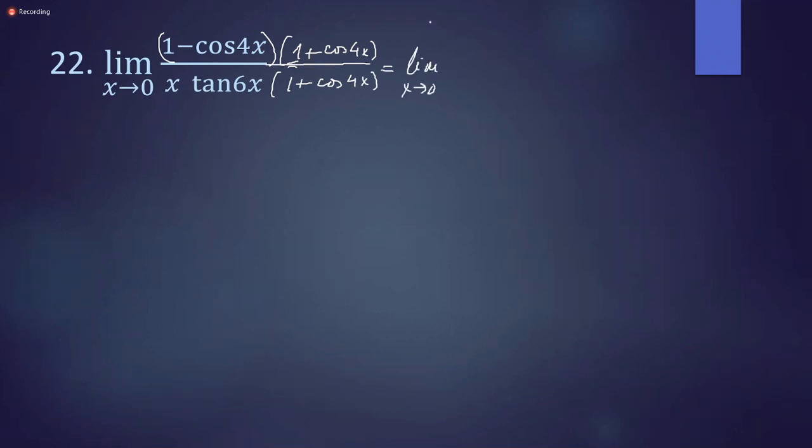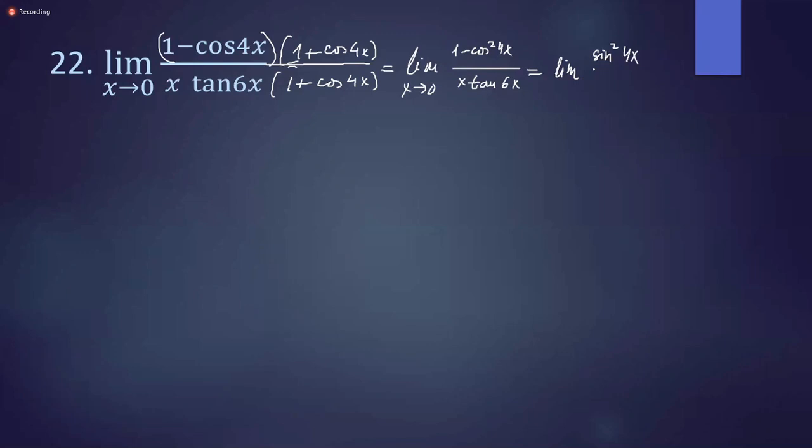So I have 1 minus cosine square of 4x, over x tangent 6x. I'm simply reminding you from the very beginning how we did this, so that you can actually manage this in the unit test next time. Then we understand that 1 minus cosine square is actually sine square of the same.